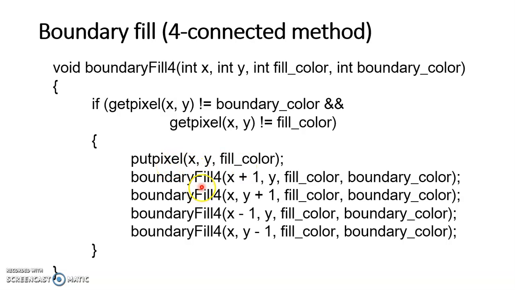Then the boundary fill function is recursively called for the four neighbor pixels, that is x plus 1 y, that is east node, x y plus 1, that is south node, x minus 1 y, that is west node, and x y minus 1, that is north node.